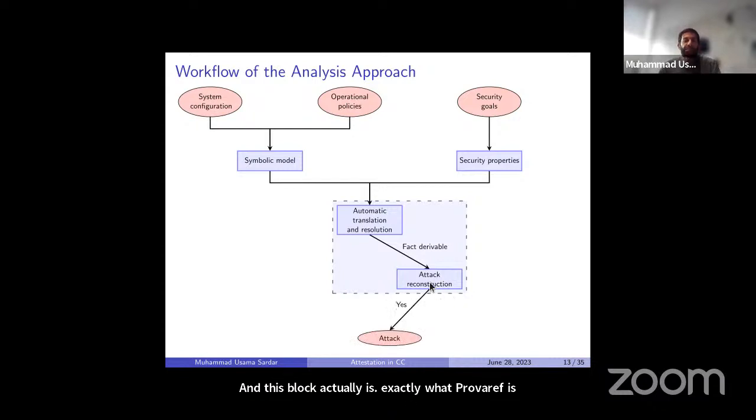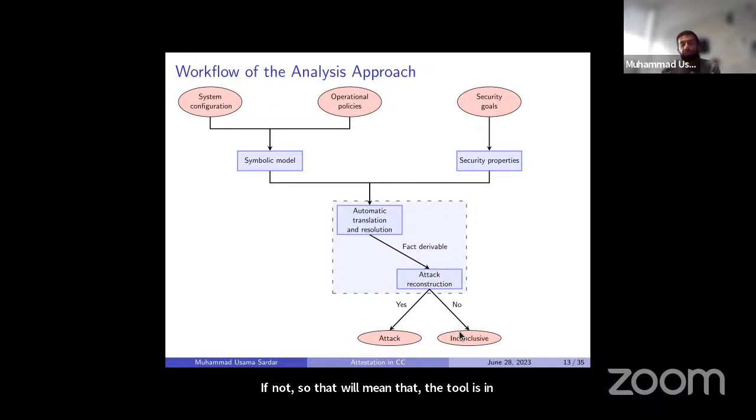If the result of this attack reconstruction is yes, it means that we have successfully found an attack corresponding to this specific model for this specific property. If not, that will mean that the tool is inconclusive.